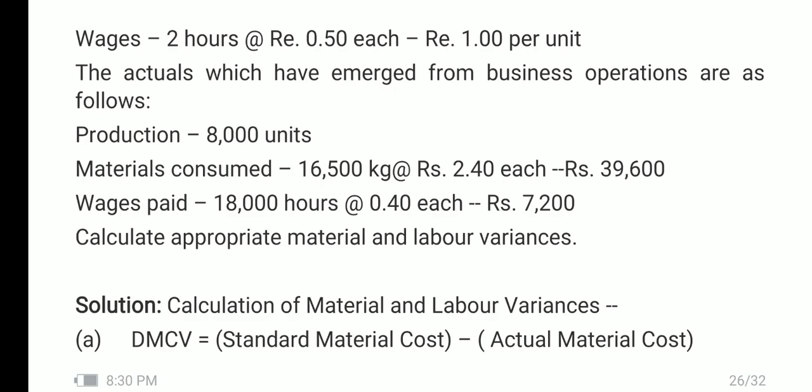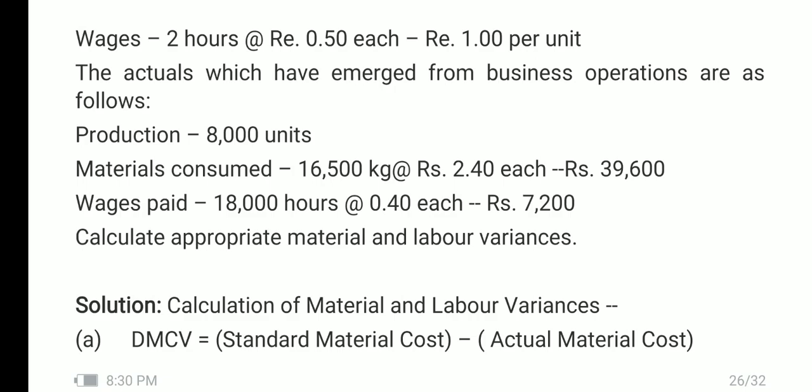Now actual figures are given. The actuals which have emerged from business operations are as follows. Production, that is nothing but actual output, 8000 units. Materials consumed, actual materials consumed, 16,500 kgs at rupees 2.40 each.